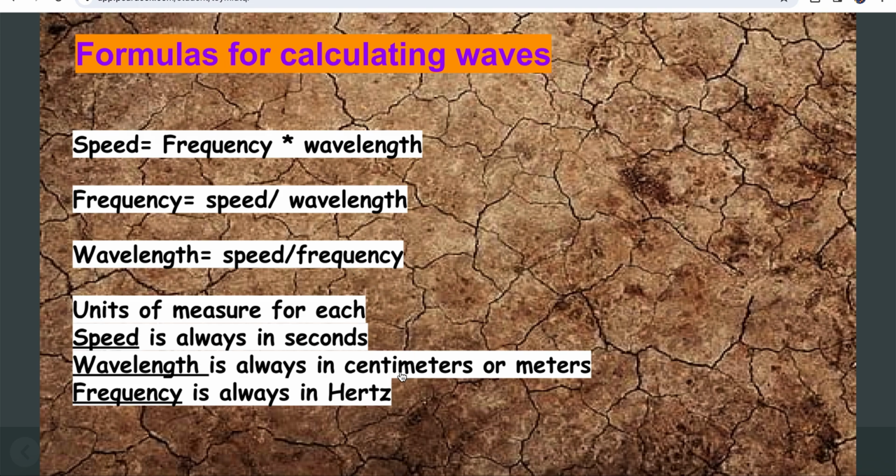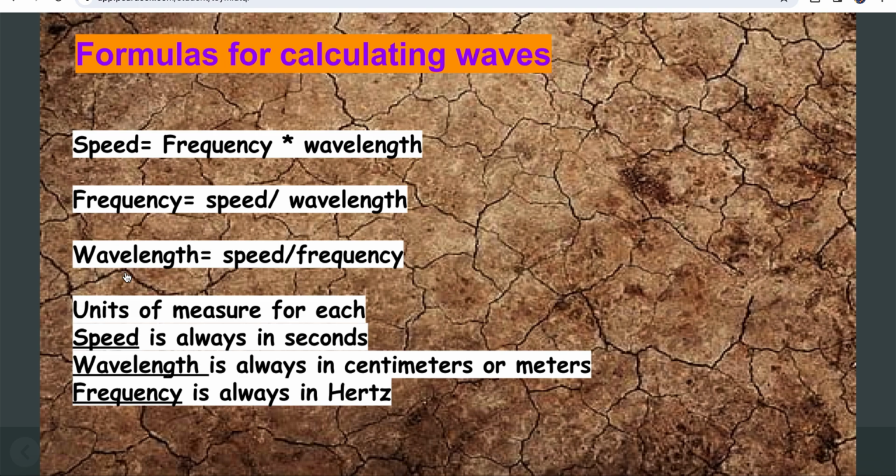We're going to primarily stick with centimeters or meters, and you will be able to tell which one we are dealing with for that problem, because they will mention in the problem centimeters per second or meters per second, or if they are just telling you what the wavelength is, so that way you can calculate frequency, it'll tell you 20 meters or 2 centimeters. It will definitely tell you the unit of measure for that particular problem. So you have to pay very close attention.